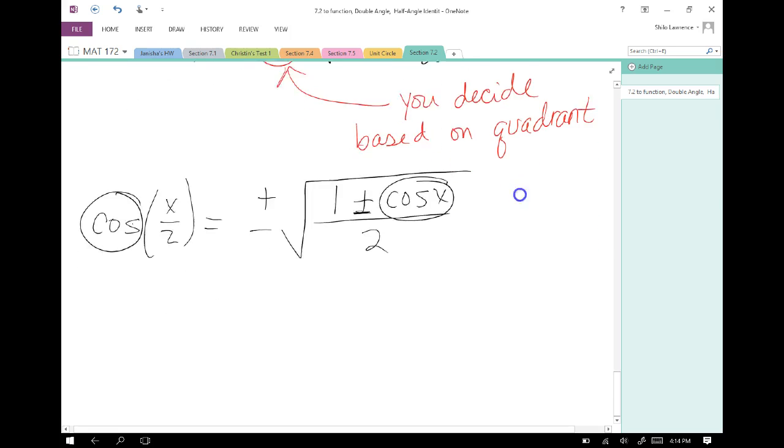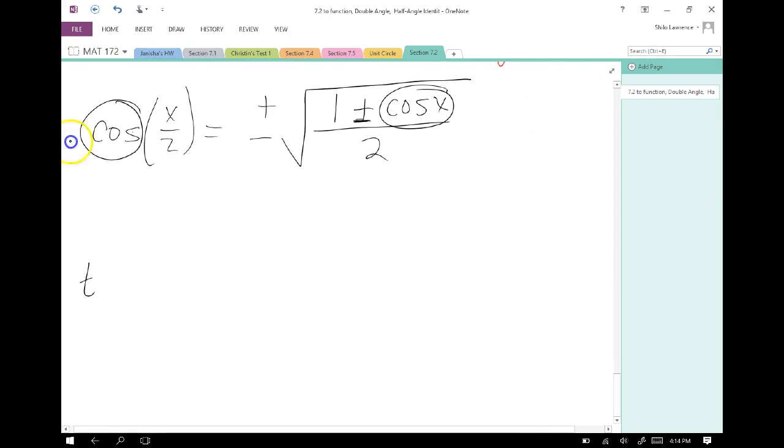And then tangent of x over 2 has got multiple options. Just like with our double angle identities, cosine of 2x had multiple options. Tangent of x over 2 has multiple options. So there's one with plus minus square roots.